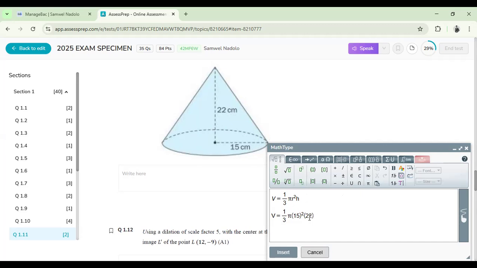Use your calculator to do this, and if you insert this in your calculator, you will get your answer as, let me just check that quickly, divided by 3 times pi, 5,183.62.